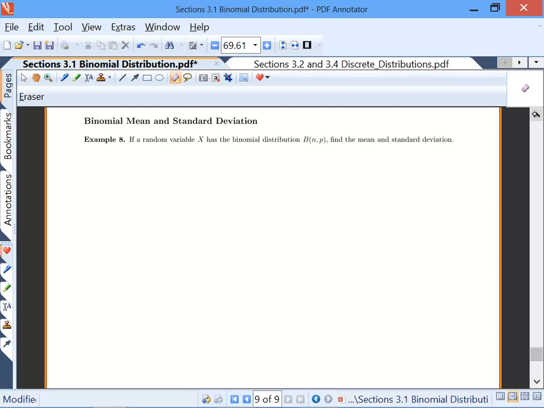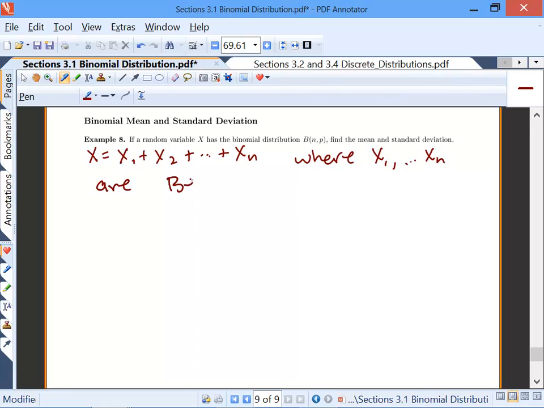Because we can actually define x as x1 plus x2 plus up to xn, where x1 up to xn are Bernoulli random variables. And anyone remember what the mean and standard deviation were for a Bernoulli random variable? Can you look back on your previous page?